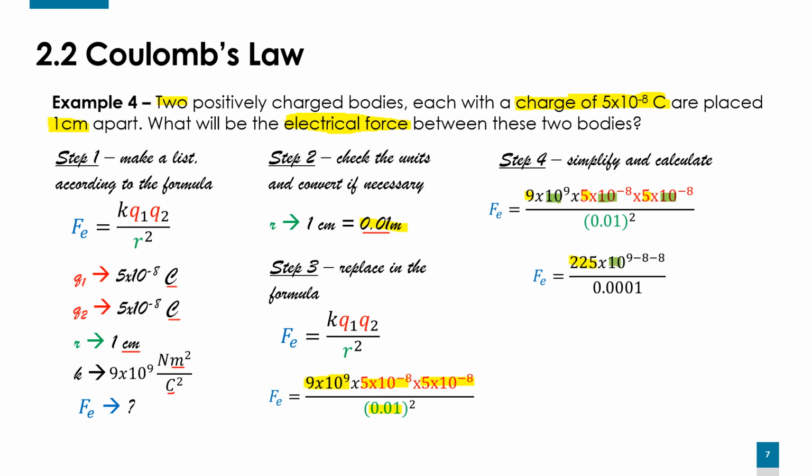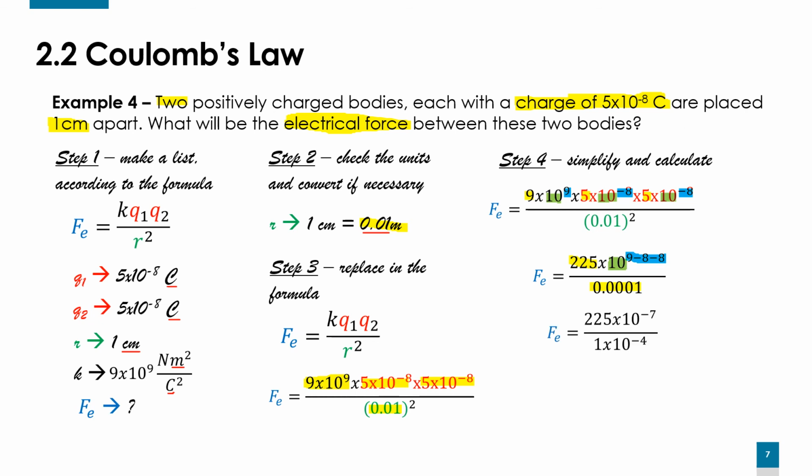I keep my 10 and I add my exponents: 9 minus 8 minus 8. And below, 0.01 squared is 0.0001.